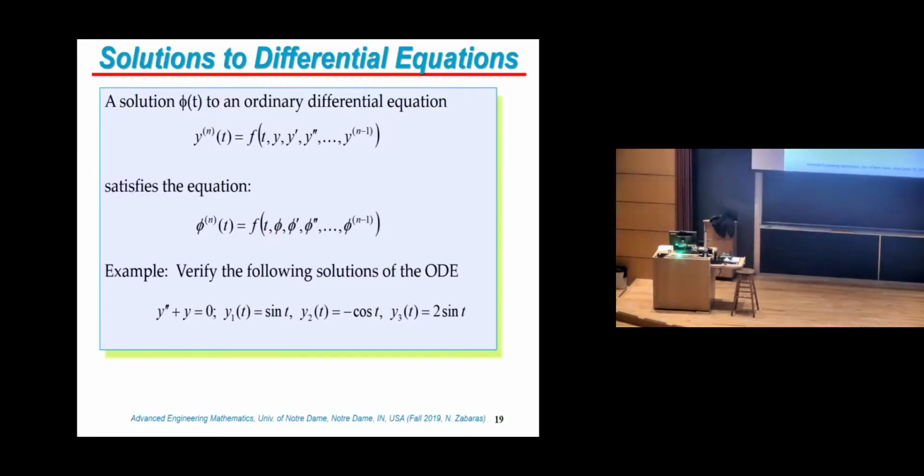And I remind you, linear means that it's a combination of these y's that you see there, but the coefficients can be functions of time. Okay? Still linear. All right? But you cannot have terms like y squared times y prime or y times y prime. Those are nonlinear terms.